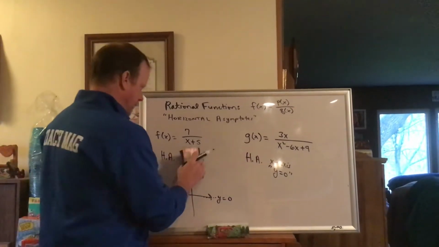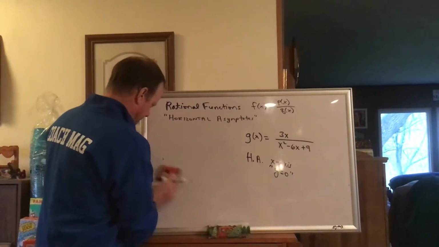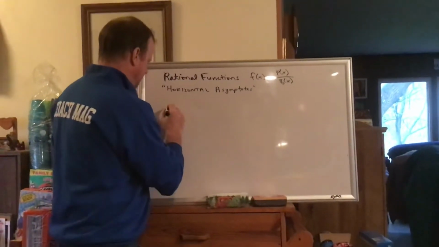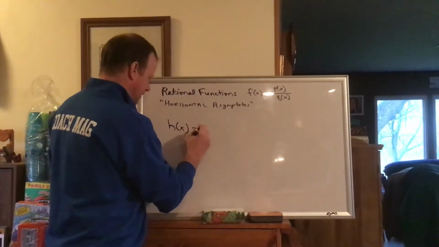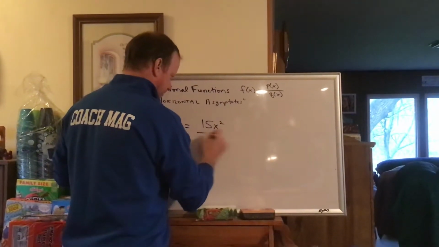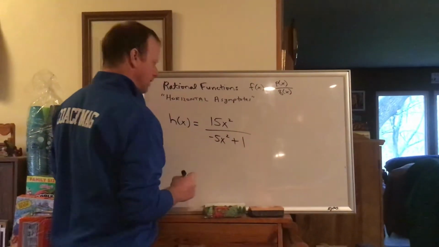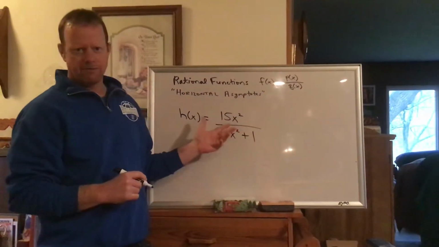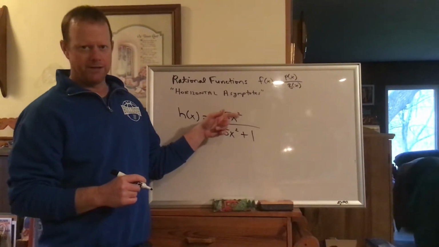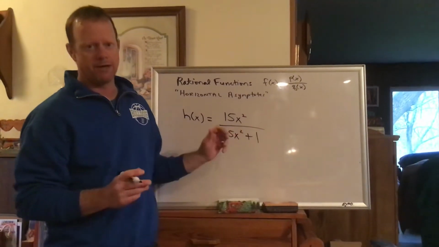Now I'm going to show you another situation that you have to watch out for that's different. Say you have a rational function and the highest exponent on the top in the numerator is the same as the highest exponent on the bottom, down in the denominator.